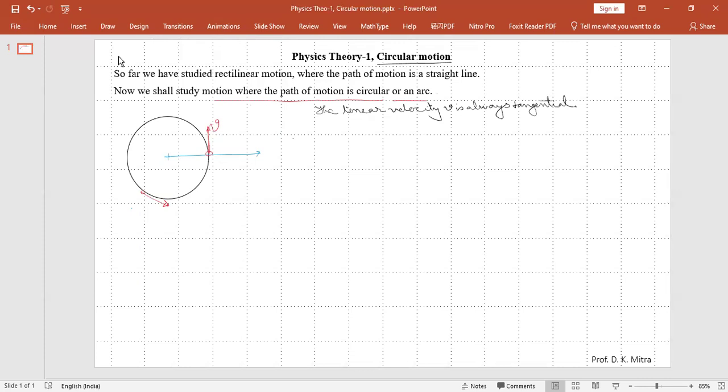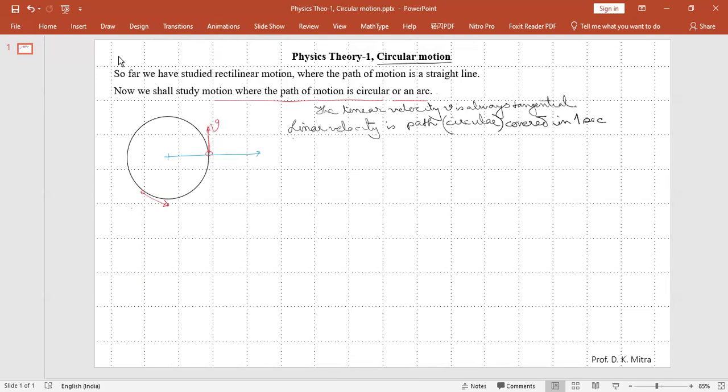Second point, what is the definition of linear velocity? Linear velocity is the path covered (the path is circular here, so we write circular in parentheses) per second.